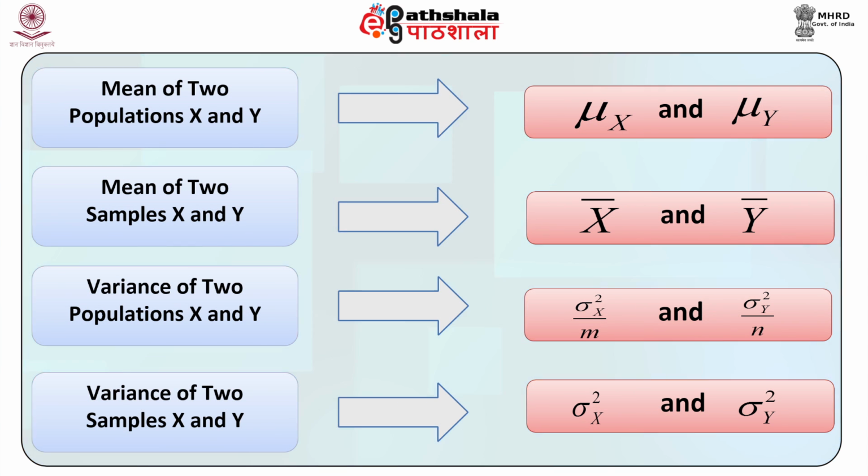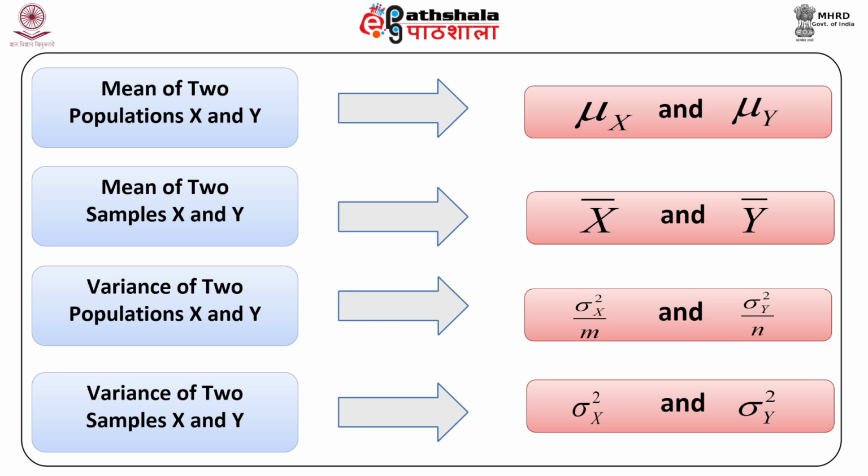So let's assume the means of two populations x and y be denoted by mu x and mu y. The means of the random samples from the corresponding populations can then be denoted by x bar and y bar respectively.